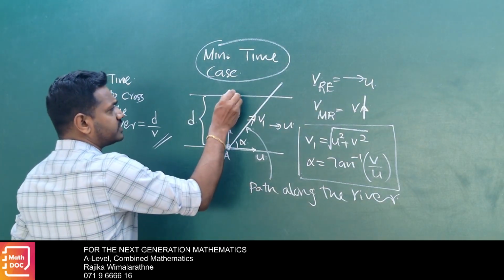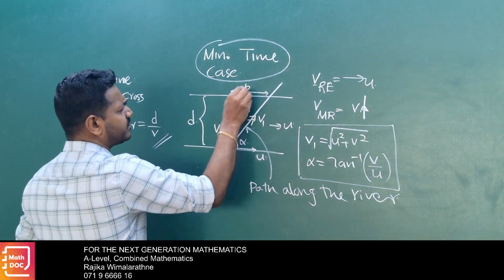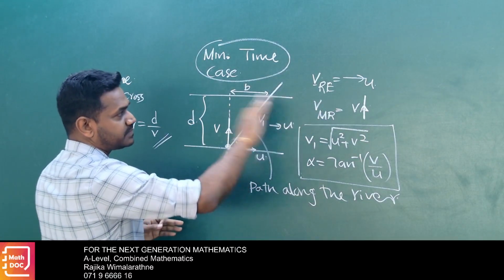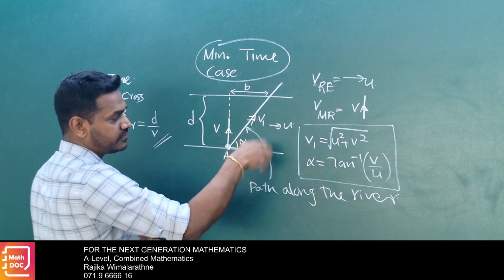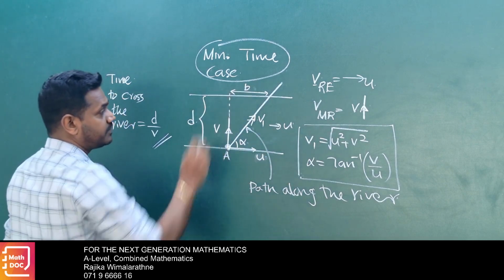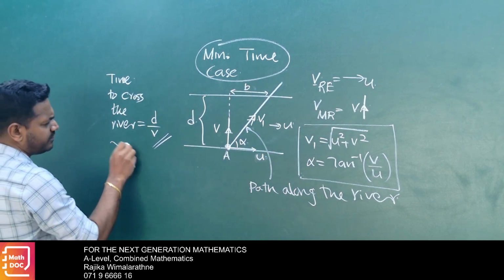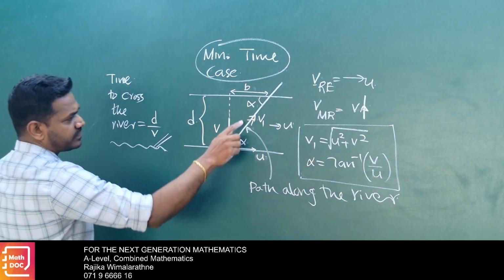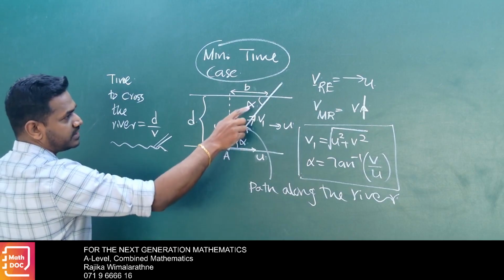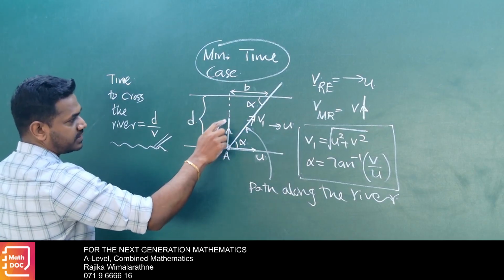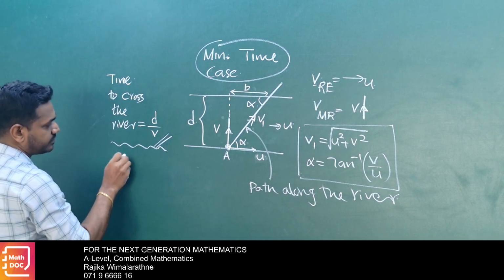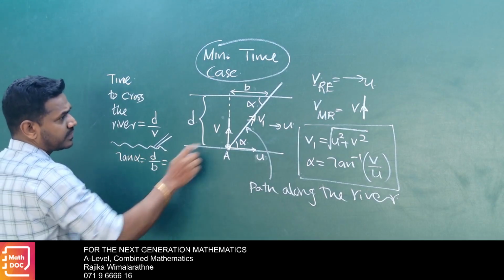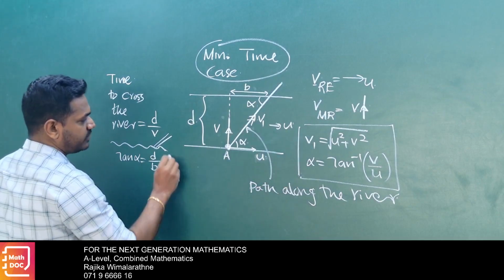Then, this part, let's say b. Here the downward displacement because of the velocity of the river is b. Then we know alpha, no? Tan alpha is d divided by b. And further, tan alpha is v divided by u.